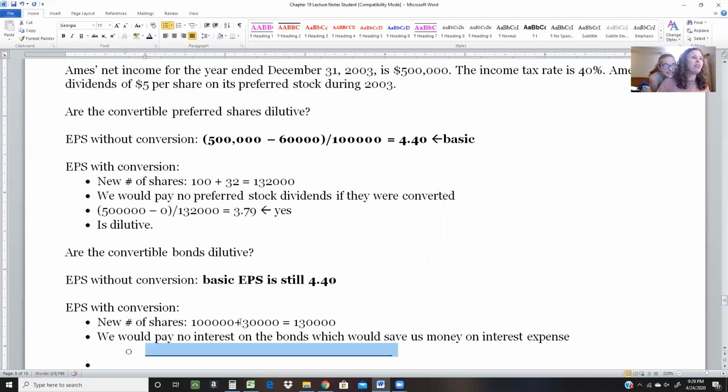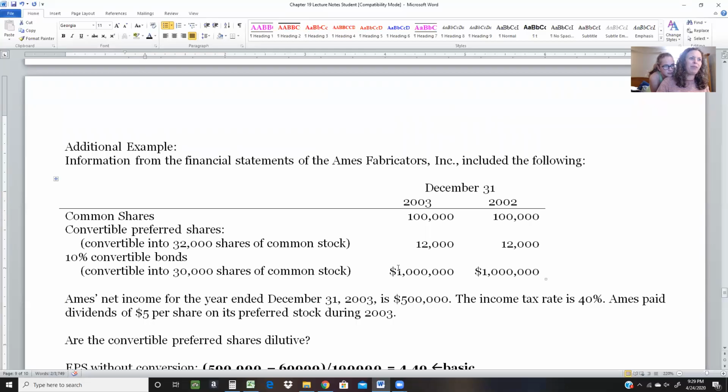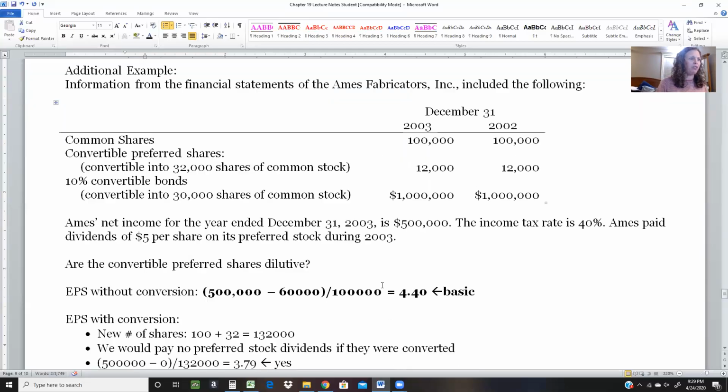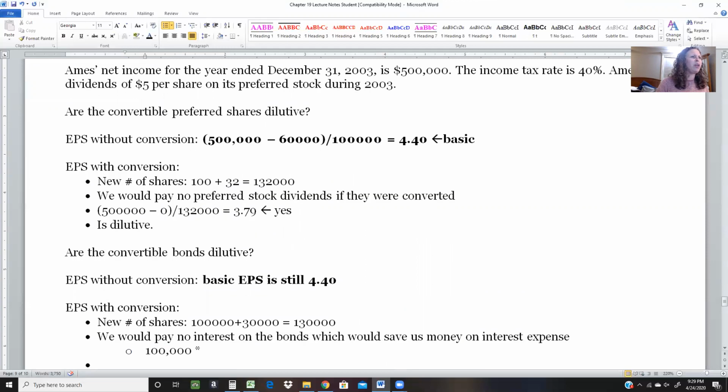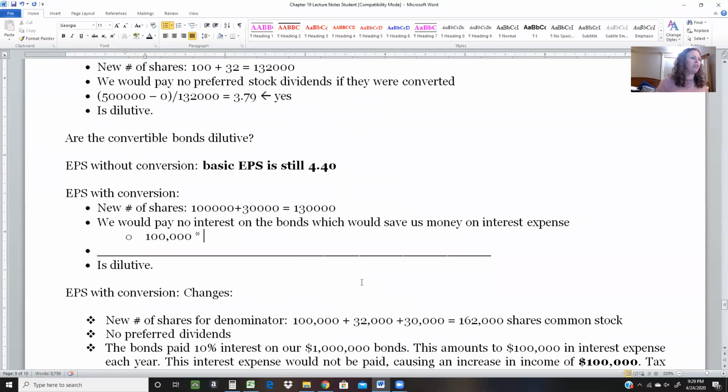So our savings, our interest, it's $1 million at 10%, which is 100,000, net of taxes. Our tax rate was 40%. So this time I'll take it times 60%, or it would save us $60,000 if we did not have to pay the interest.